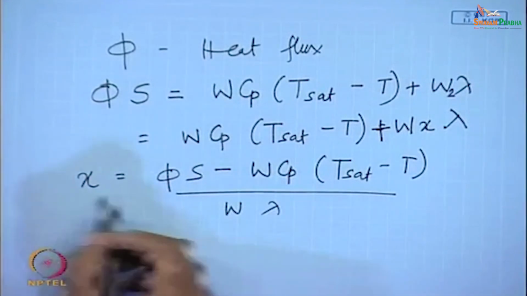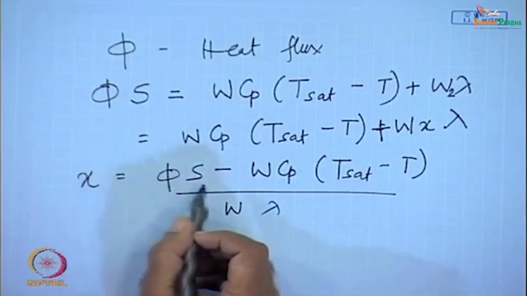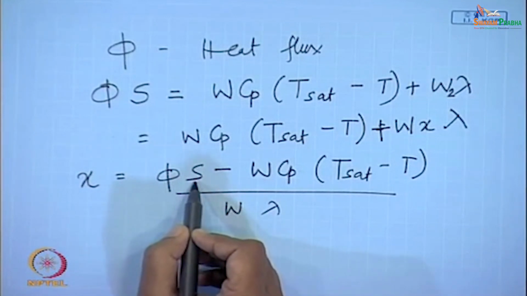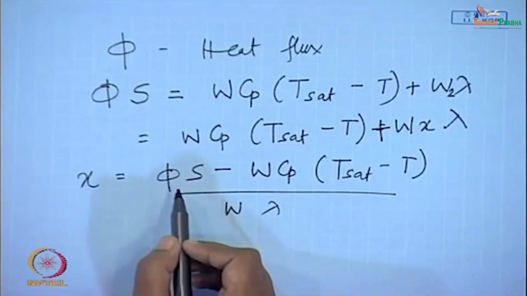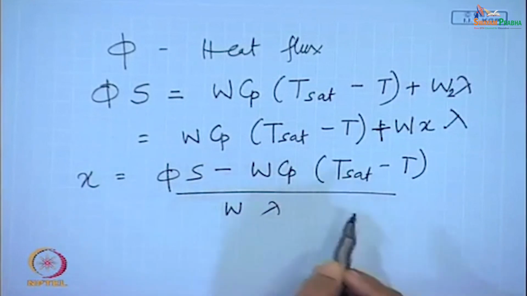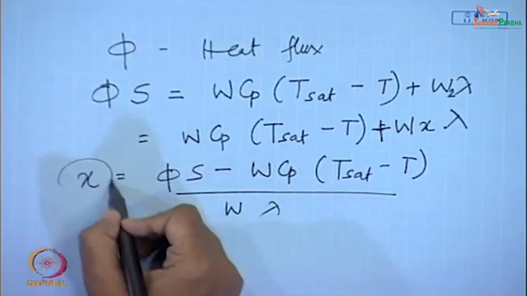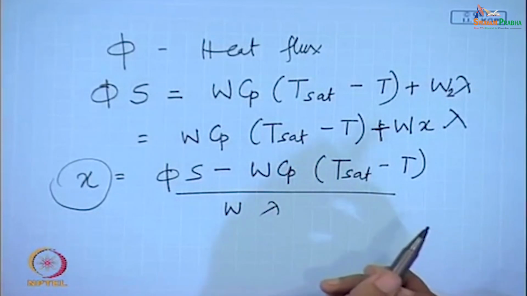So, therefore, we find that we can measure the heat flux, the circumferential area or the perimeter, that is very well known. All these are simply properties, and therefore, x is a measurable parameter.